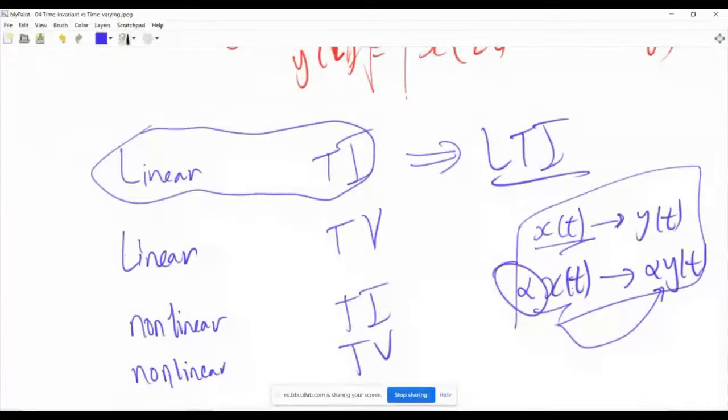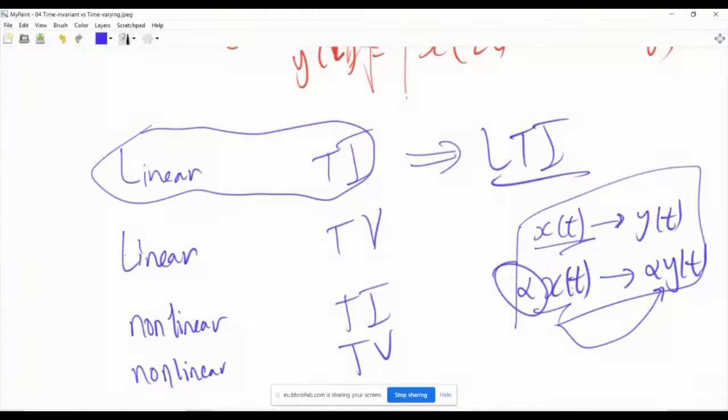For discrete time systems, the discrete time delta is a sequence in which you have 1 at 0, and everywhere else it's 0. Now, if you know the response of the system to this particular input, you can compute or predict the output of the system to any arbitrary input.